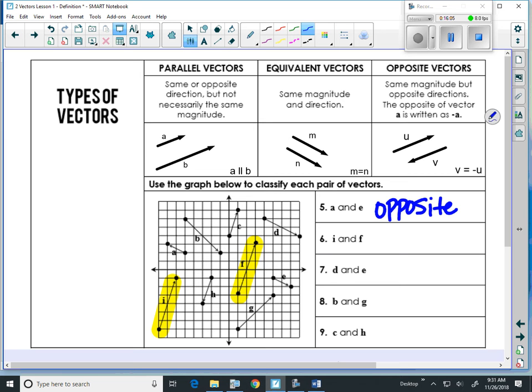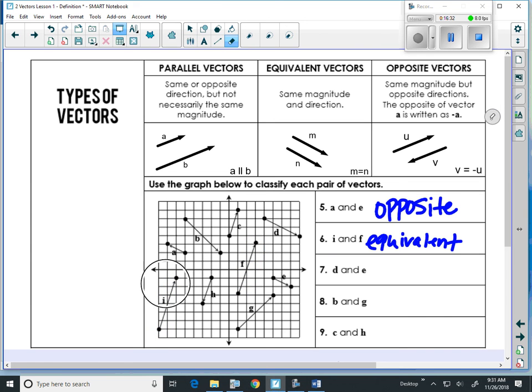Are they going in the same direction? Yes. Do they look about the same size? Yeah. We'll call them equivalent. Now keep in mind, we are ballparking this. We're not 100% sure that they're exactly equivalent, but they look pretty darn close. We're going to talk about equivalence here in a little bit.